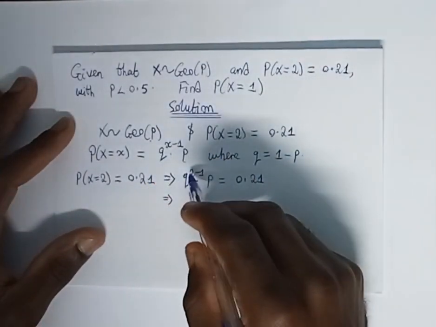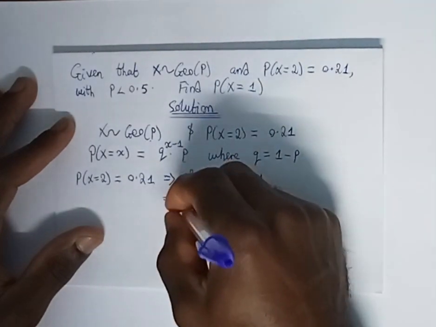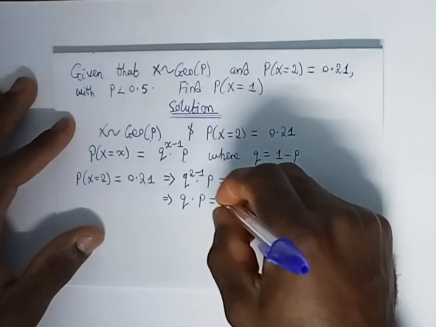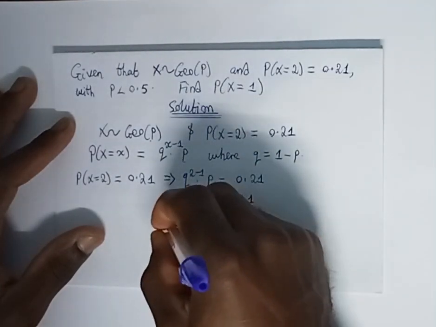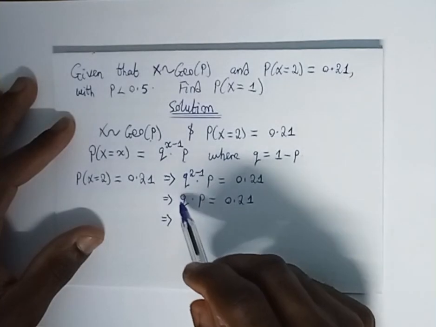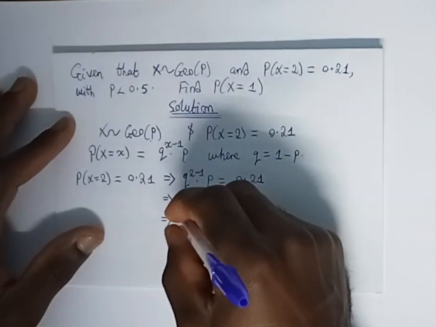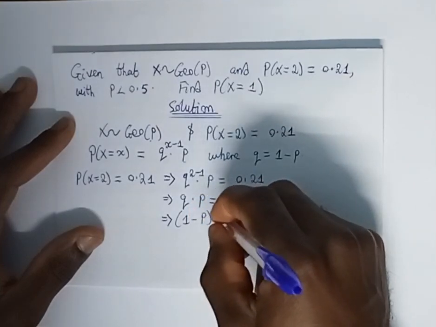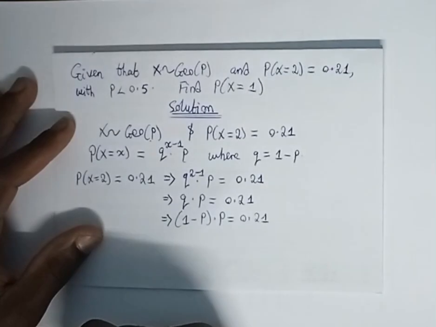Then 2 minus 1 gives us 1. Q to the power 1 remains Q. We multiply it by P is equal to 0.21. Then we know that Q in terms of P is simply 1 minus P. So we replace this: 1 minus P times P is equal to 0.21.